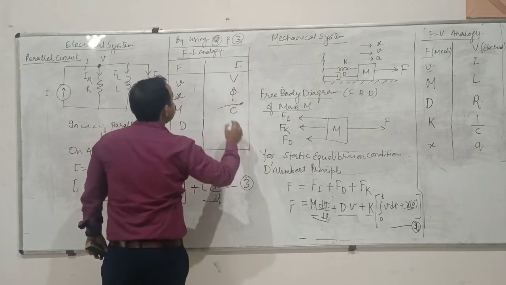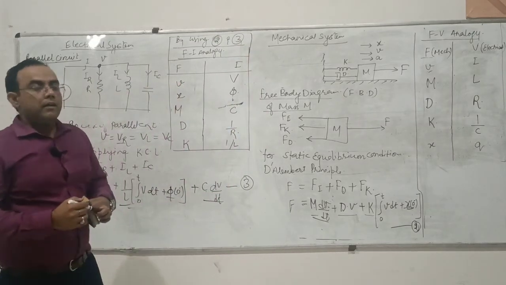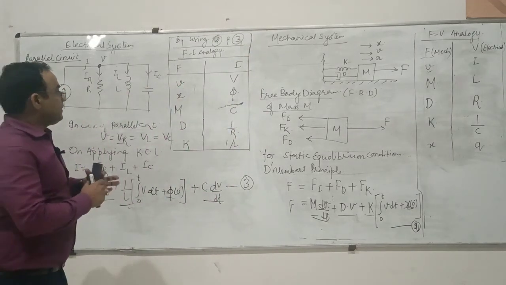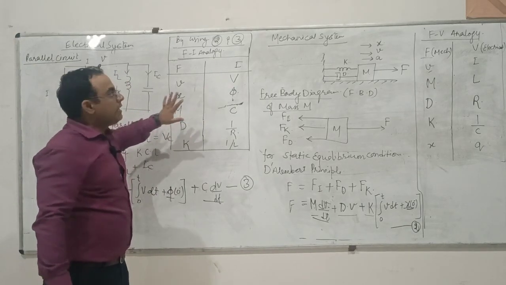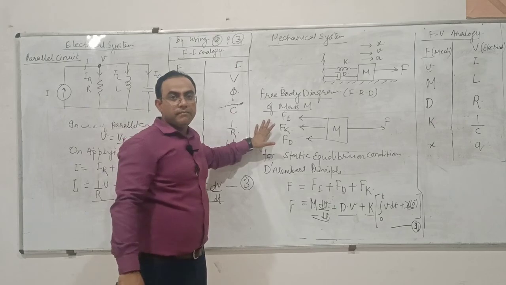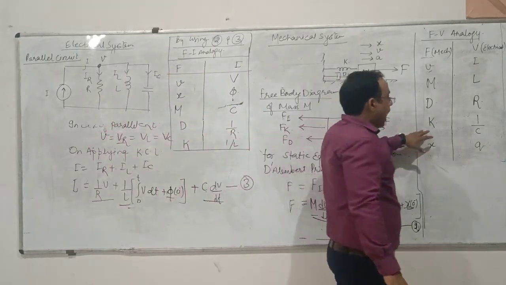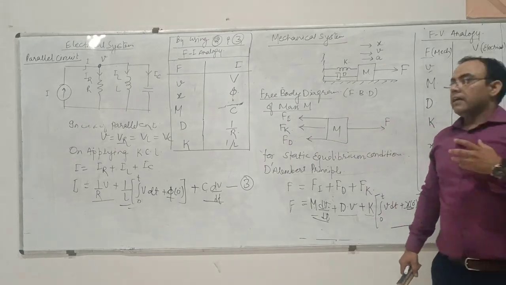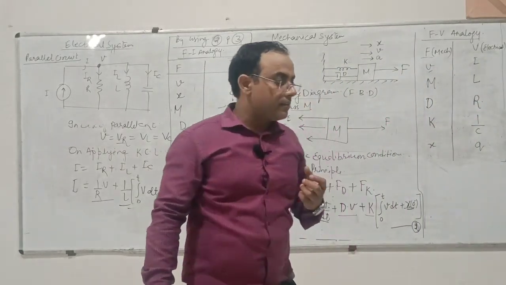So here we develop the analogy between the electrical and mechanical system, and these two tables indicate how an electrical circuit is analogous to a mechanical system.